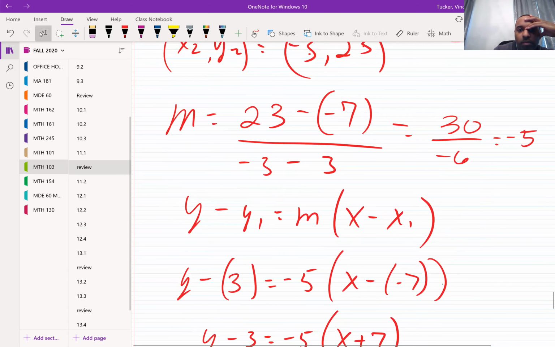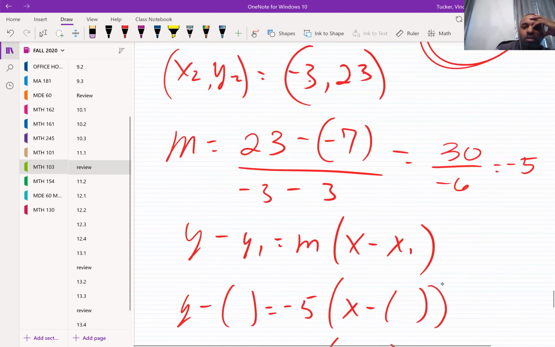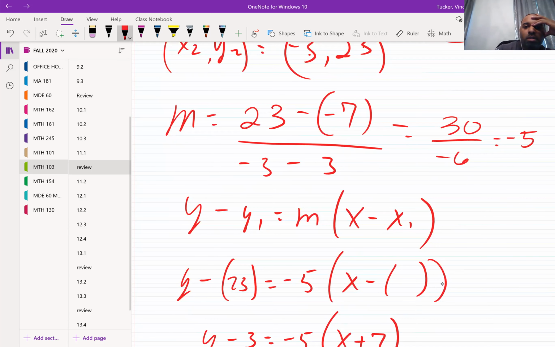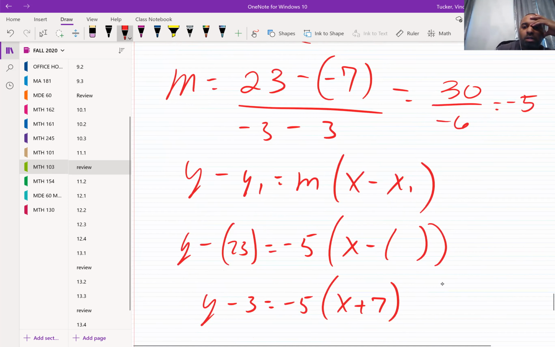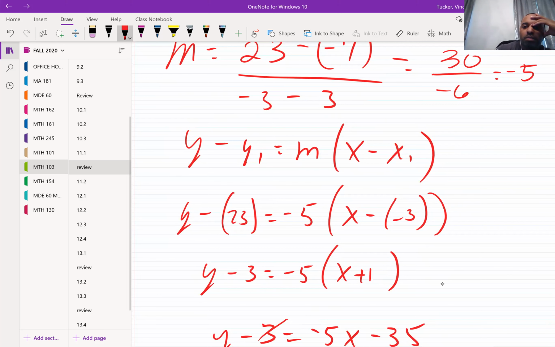Right. And then here, let me just try something real quick. So now, if I do 23, negative 3. Ooh. It's positive. That's going to be a positive.